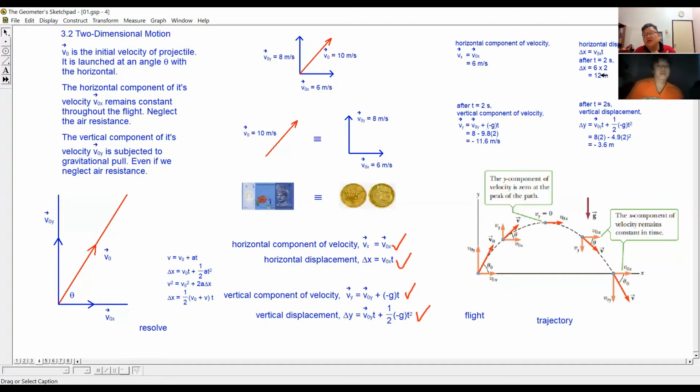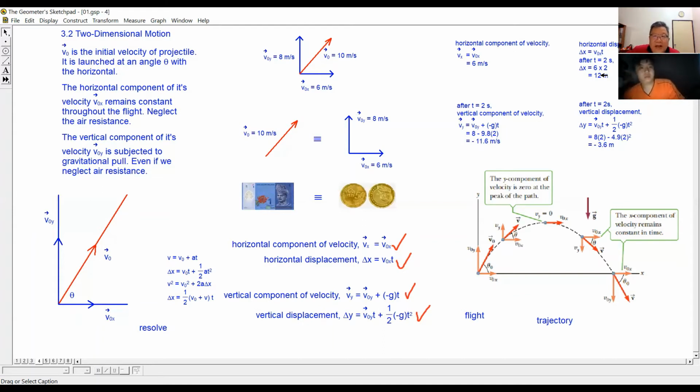We found the horizontal distance traveled in front is 12 meters, but it doesn't mean that the object is right in front of you. It may be somewhere up there, right? We have not calculated the height yet. We only calculated the horizontal distance, probably you call it the x coordinate. We have not calculated the y coordinate yet.